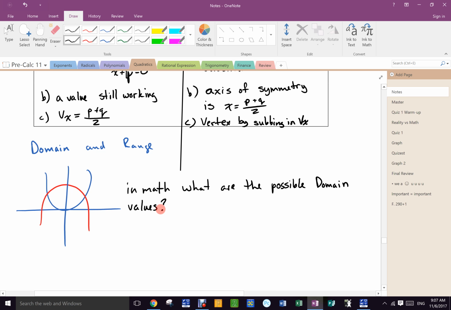Which is domain, which is range, Mr. Myers? Domain is input. Range is output.